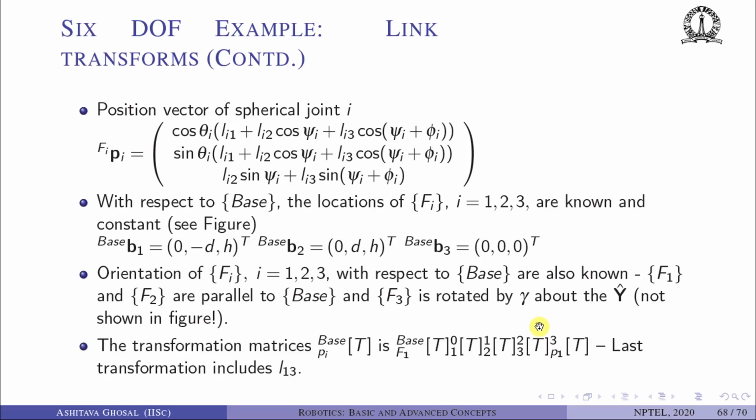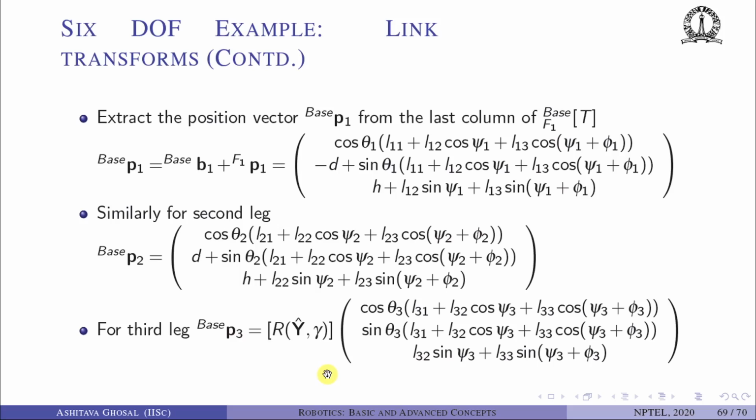So we can find the position vector of the point Pi with respect to the base by multiplying first base to F1, then 0 to 1, 1 to 2, 2 to 3, 3 to P1. And the last transformation will include this L13. So we can extract the last column.